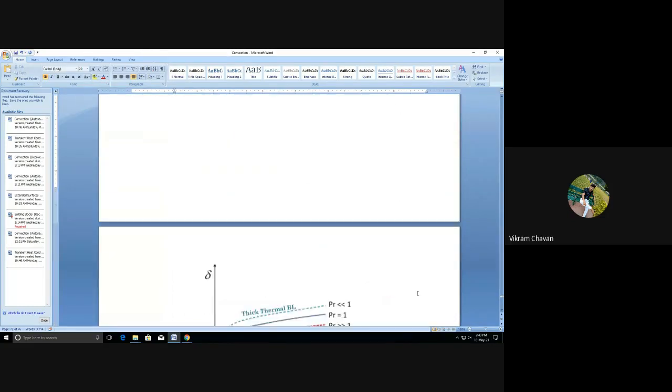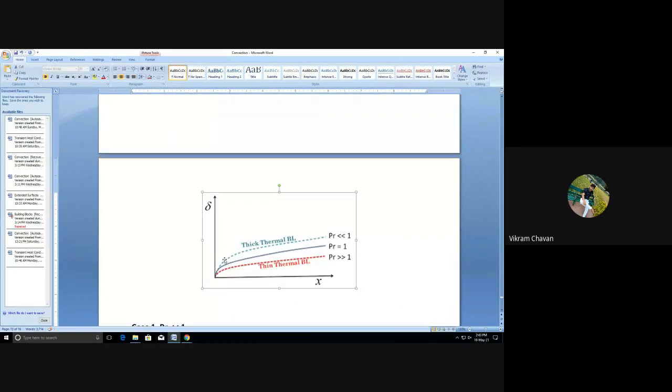Okay, so draw this diagram, which represents the three cases of the Prandtl number: Prandtl number lesser than 1, Prandtl number equal to 1, and Prandtl number greater than 1.